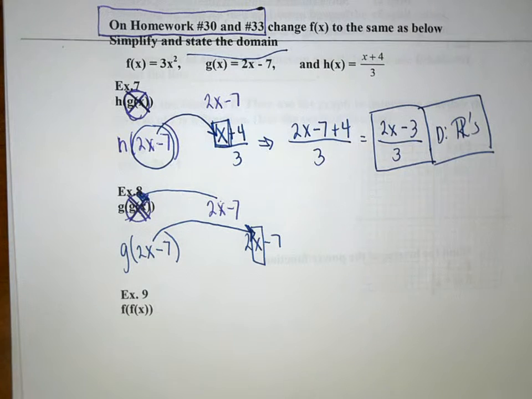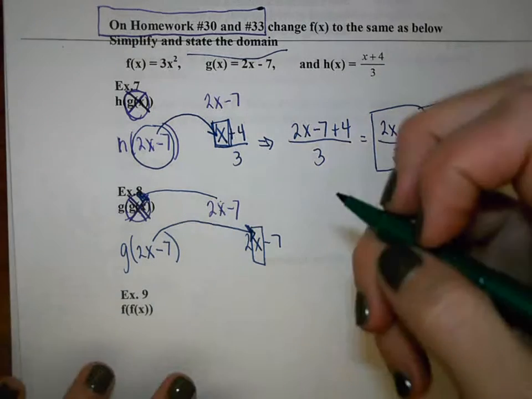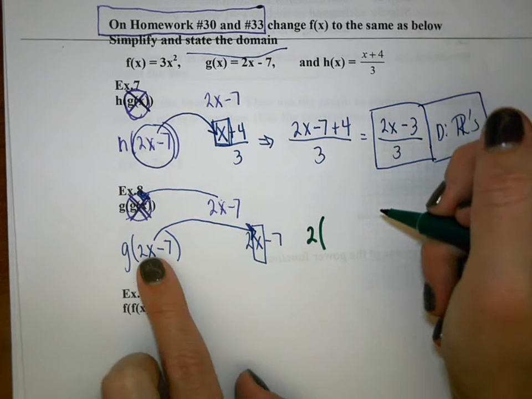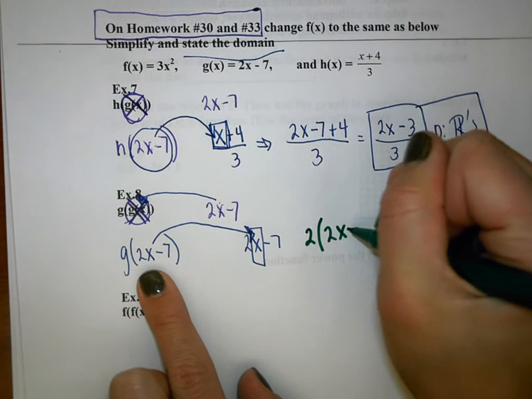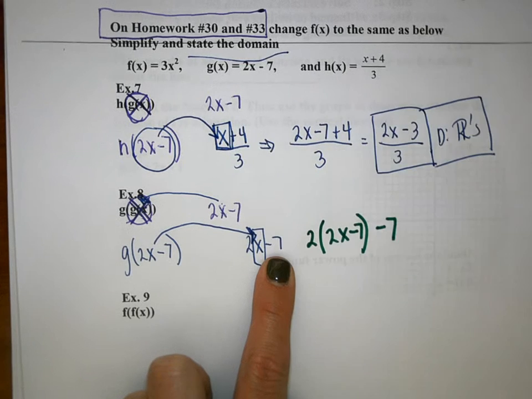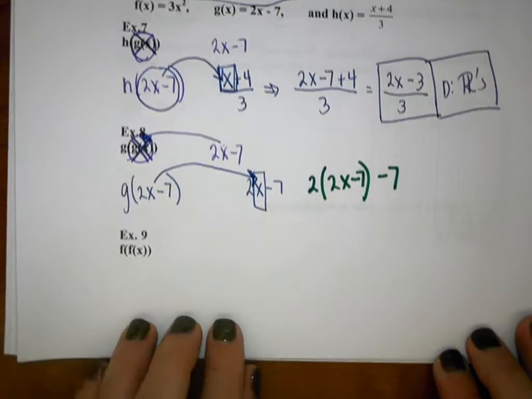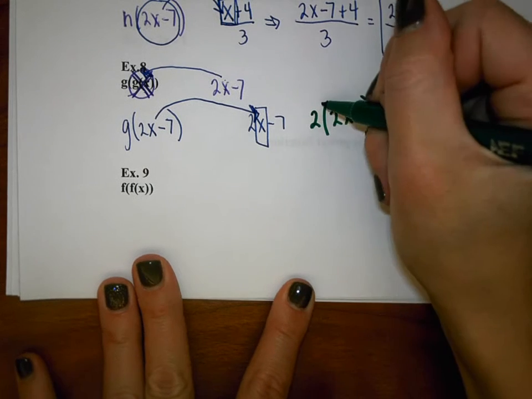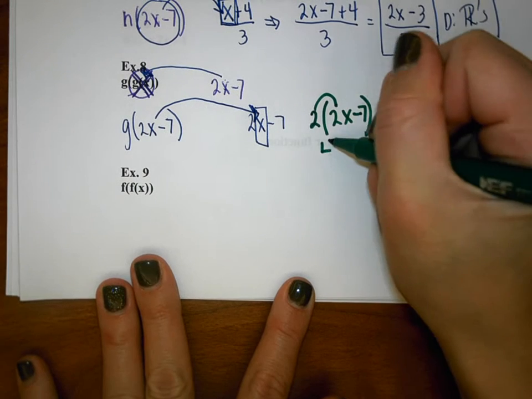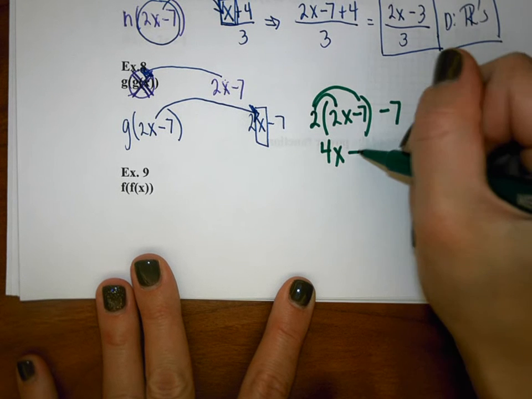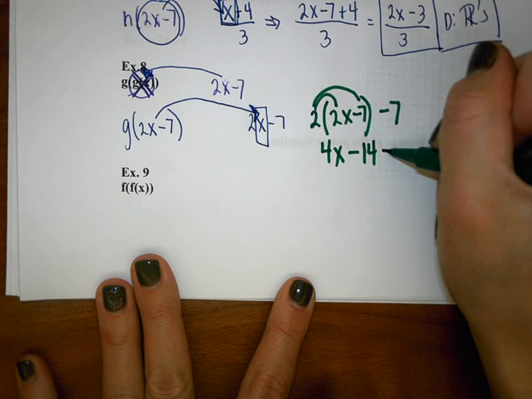So when I rewrite this, it is going to be 2 times, and instead of writing x, we're writing 2x minus 7, and then I still have a minus 7 at the end. So we simplify. 2 times 2x is 4x, and 2 times negative 7 is negative 14, and then we still have minus 7.